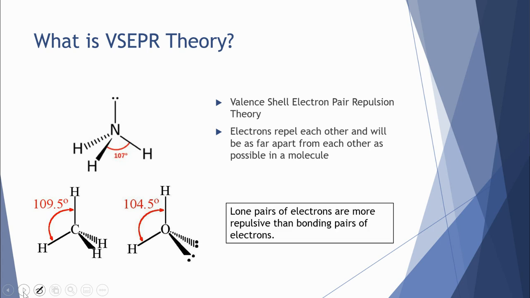Hopefully you realize that lone pairs of electrons are more repulsive than bonding pairs of electrons, which can be seen because when methane has no lone pairs of electrons and it has a larger bond angle, these bonds are able to get further apart than in water, which means that these lone pairs of electrons are taking up more space than the bonds. They're more repulsive.